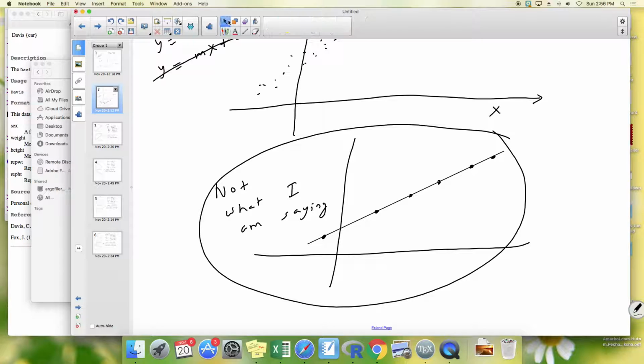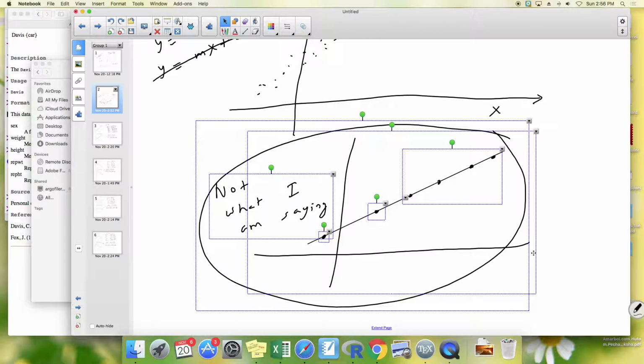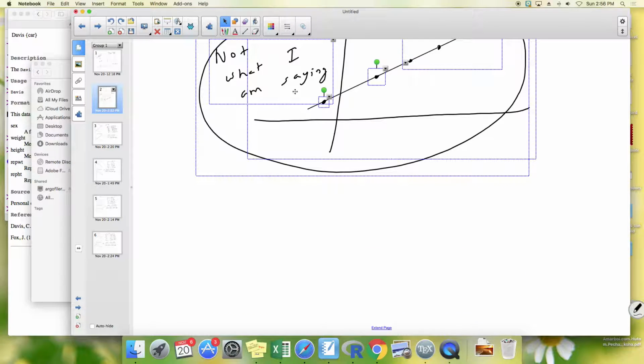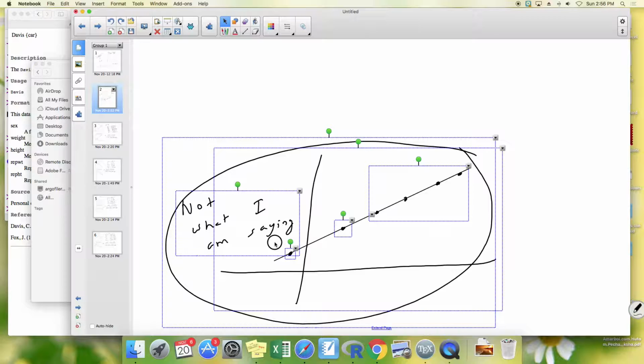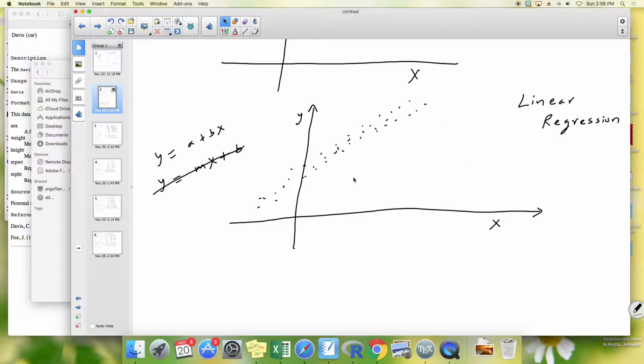So what am I trying to say? I'm trying to say that given points like this, if it looks as if a straight line, then that's what I want to approach.